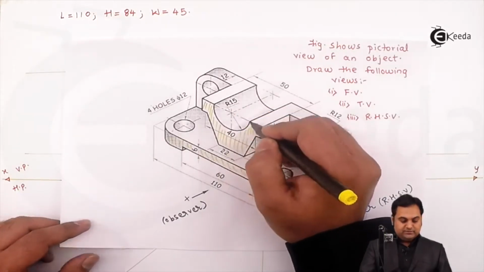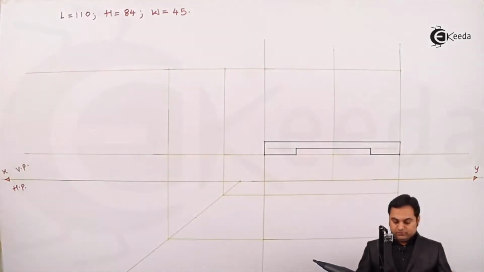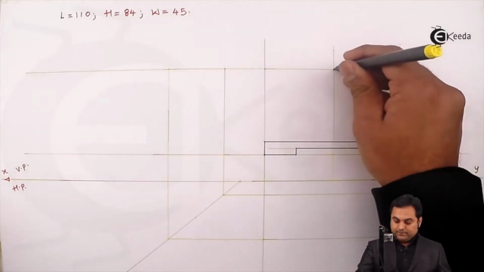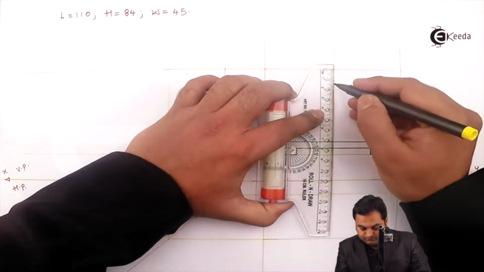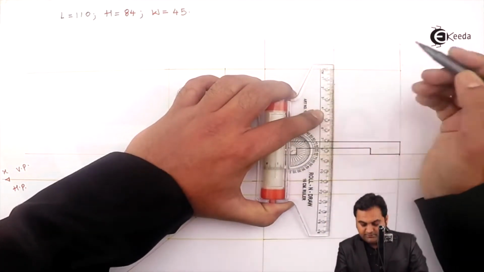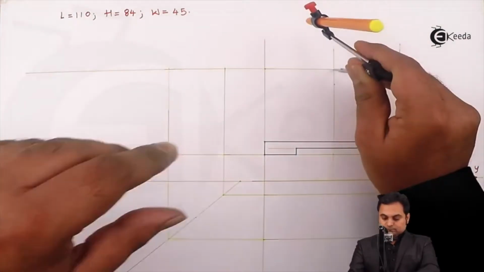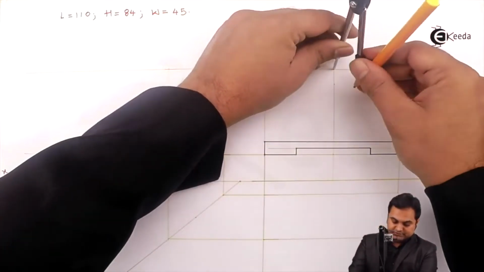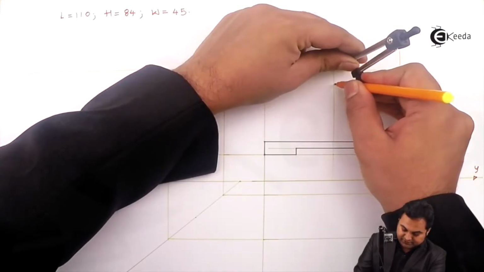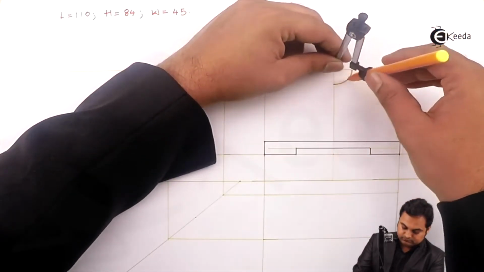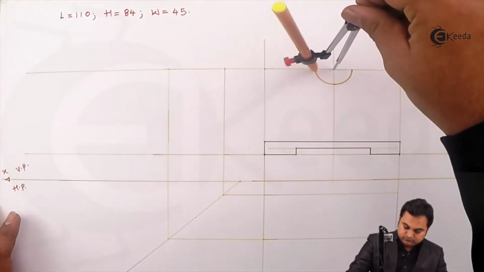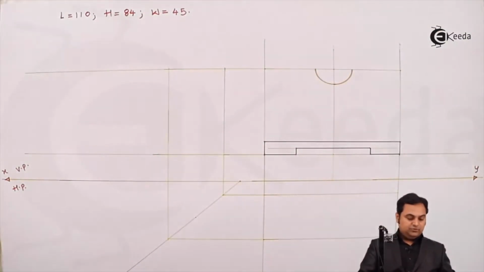So first I'll draw the semicircle whose center is there at the top, having radius 15 mm. I'm taking 15 mm radius. Now keeping this as the center, and here we have 15 as the radius. Here is that semicircular portion.